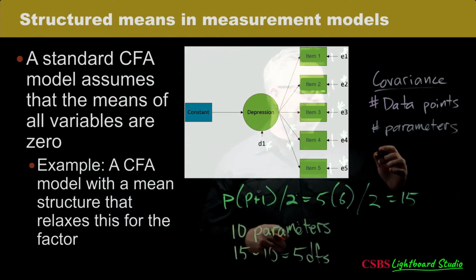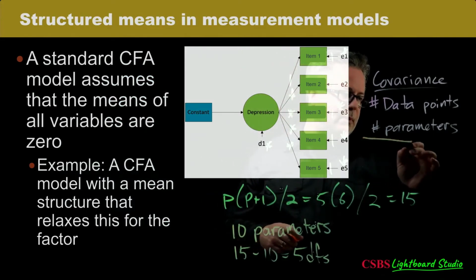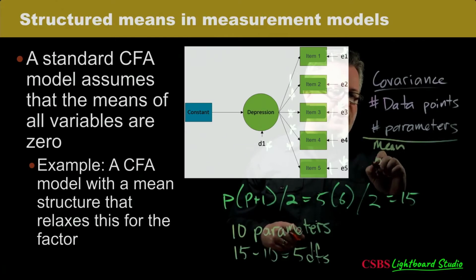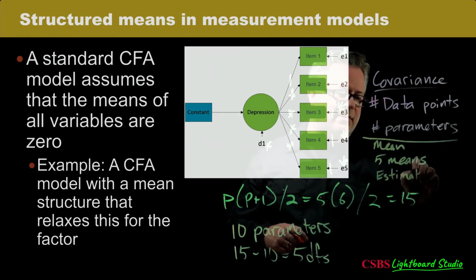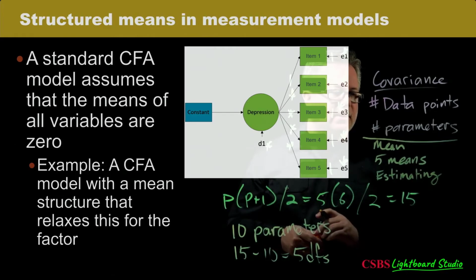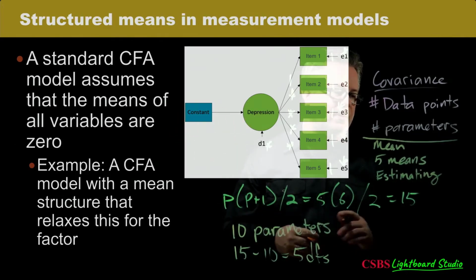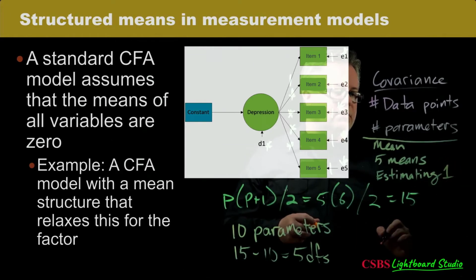How many means am I estimating? Well, for the mean structure part, there are 5 means. I'm estimating how many means? The only depression is being regressed on the constant. Just one.